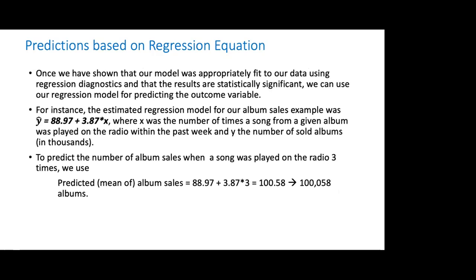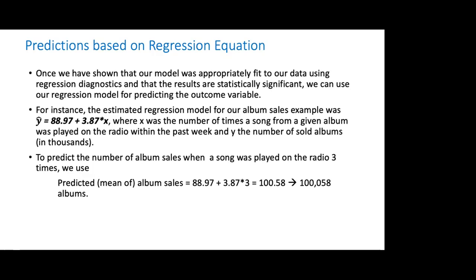If we calculate the mean for all the 1,000 albums that are played 3 times on the radio, then it might be a value that is pretty close to this estimated 100,000.